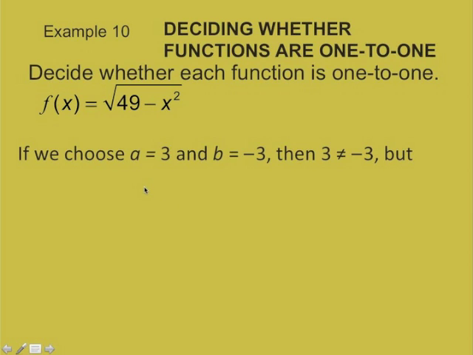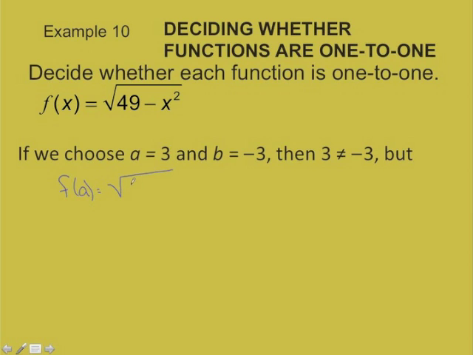Now another way is we're going to start with two different values. a equals 3 and b equals -3. And we know that 3 does not equal -3. But what about f of a?